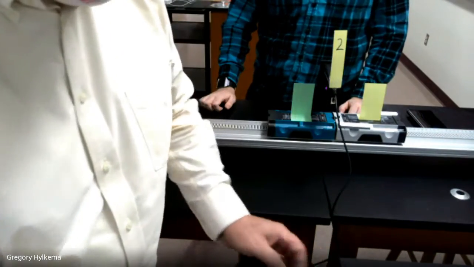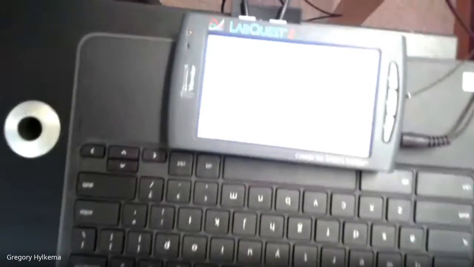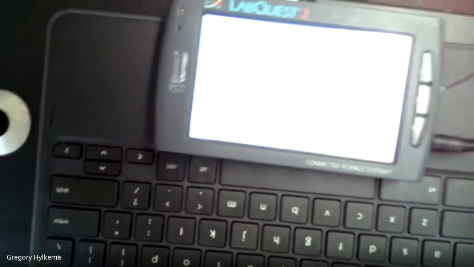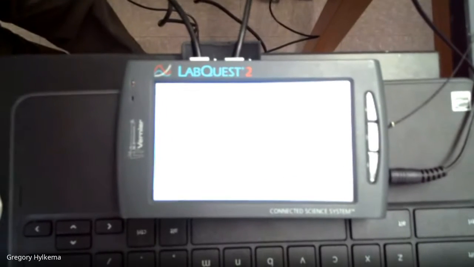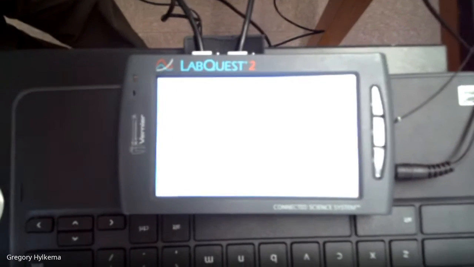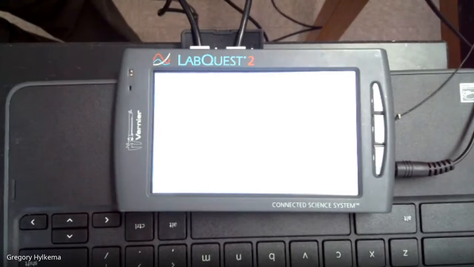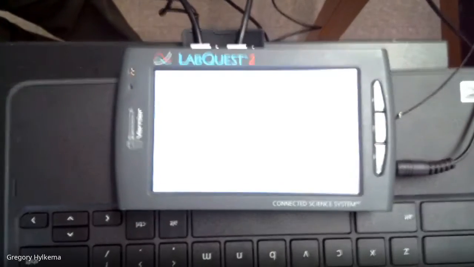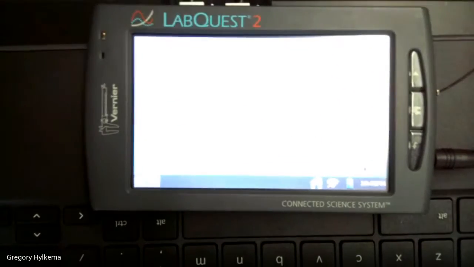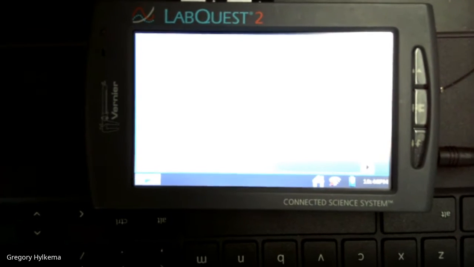Okay, so let me show you what this data looks like. I just have to put the... see if I can get... okay, there's a little glare on there.